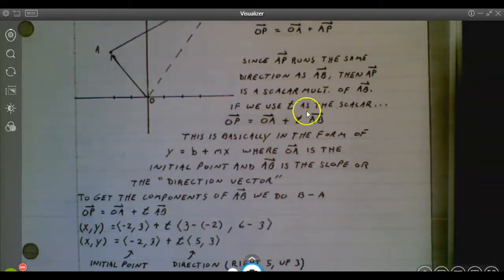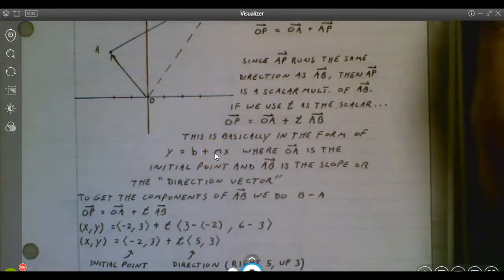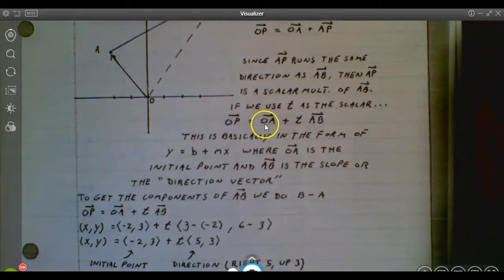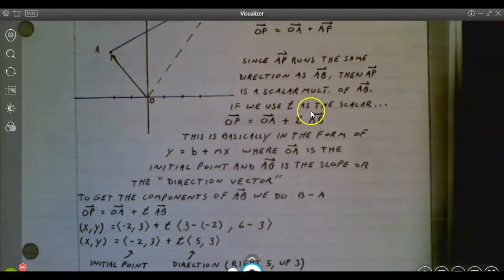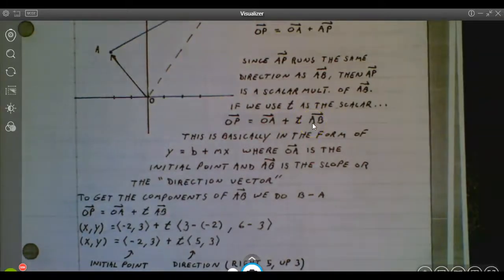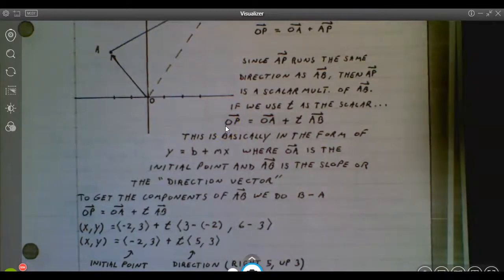So we get that substitution, and now what you're looking at is the equation of a line, y equals mx plus b, where OA represents your starting point, the beginning of this line, and AB acts as the slope of the line, right? So if you're looking at this as y equals mx plus b, this is like the y function, the main function, the result, which is OP.